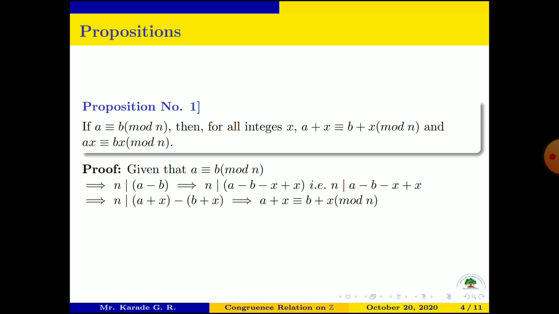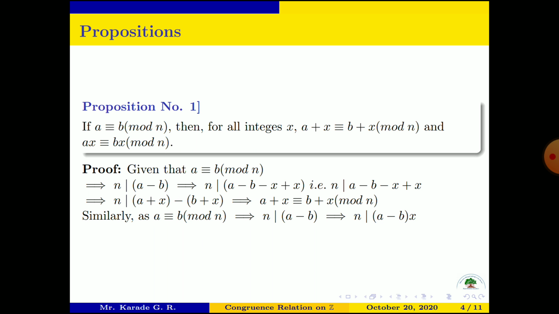This implies that a plus x is congruent to b plus x mod n, means n divides the difference of a plus x and b plus x.